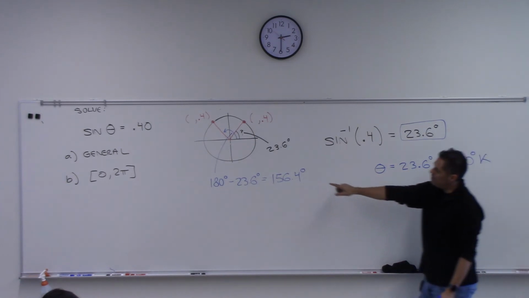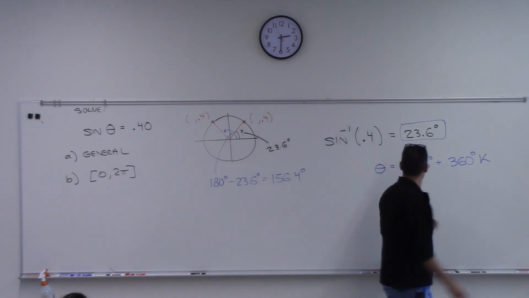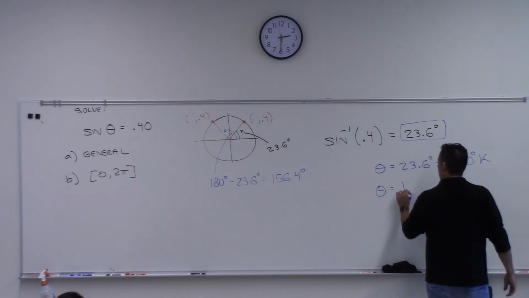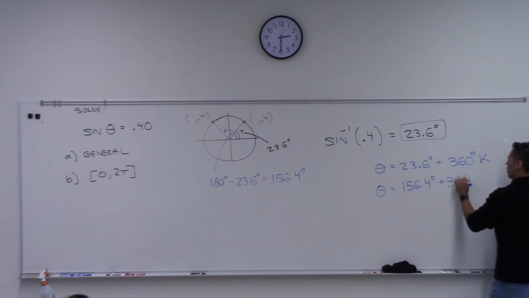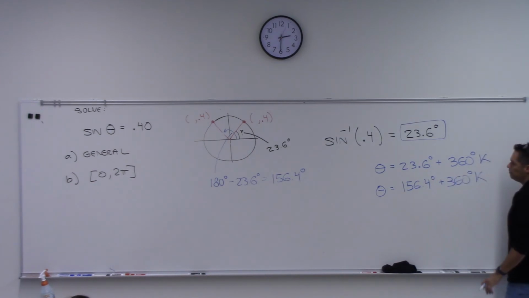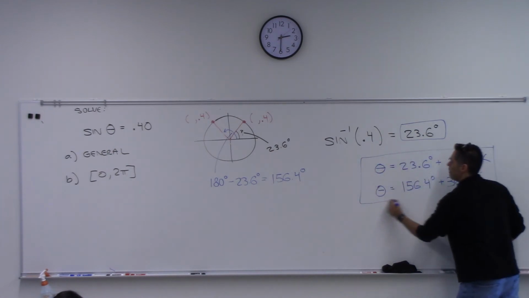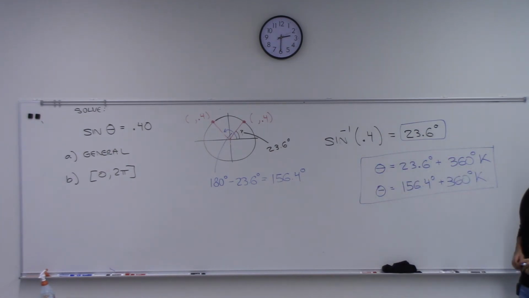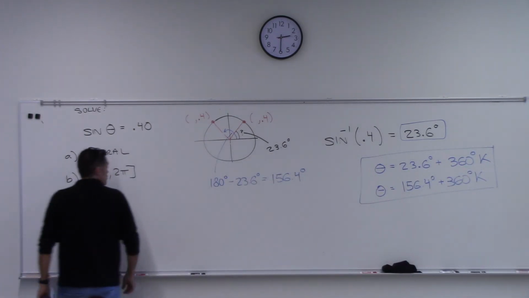The other one is this angle, add the full rotations again. So 156.4 degrees plus 360 degrees times k. Those are your general solutions. Questions there?